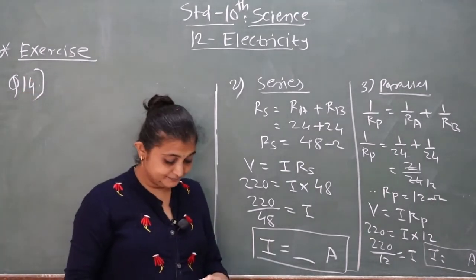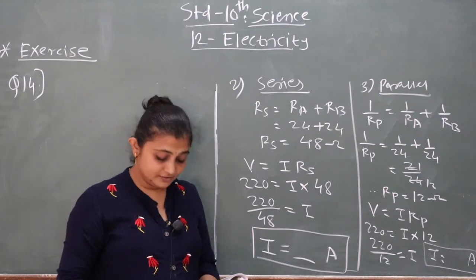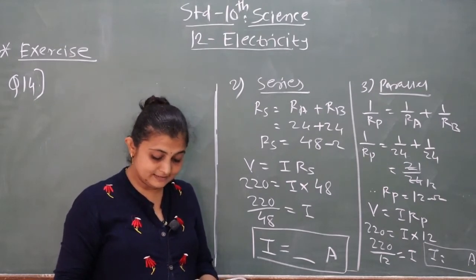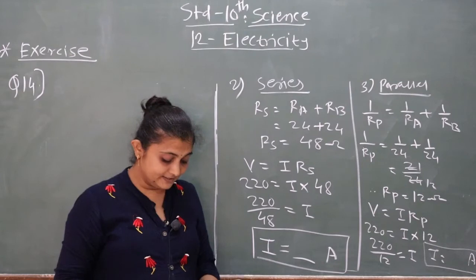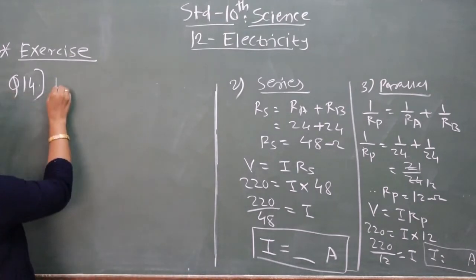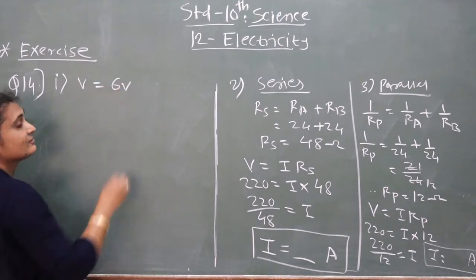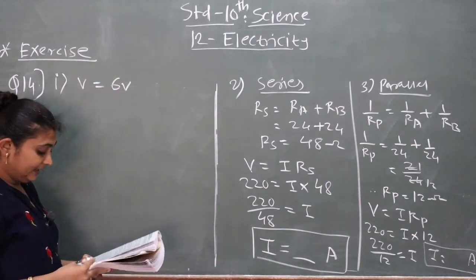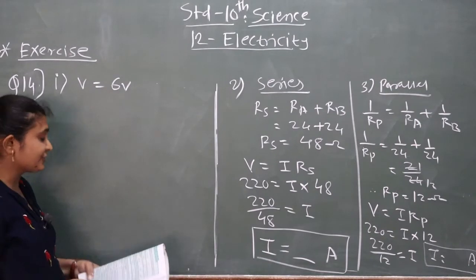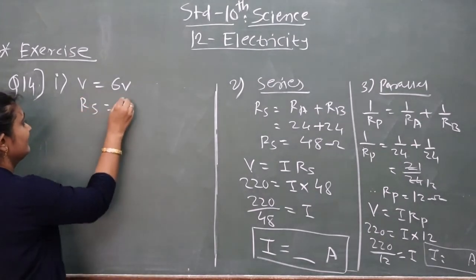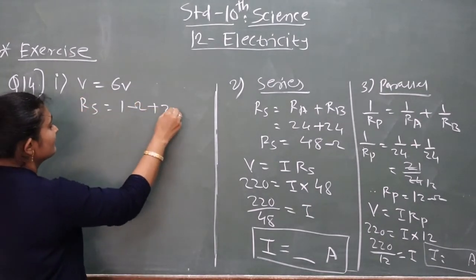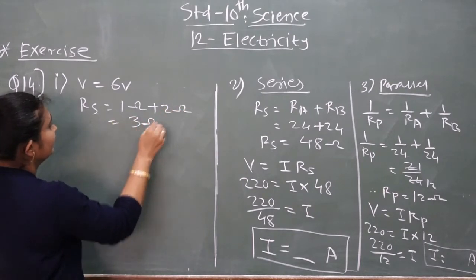Read the question first. Compare the power used in the 2 ohm resistor in each of the following circuits. What is case 1? For the 14th one, case 1, V is equal to 6 volt given and series connection. So RS is equal to 1 ohm plus 2 ohm, you get 3 ohm.